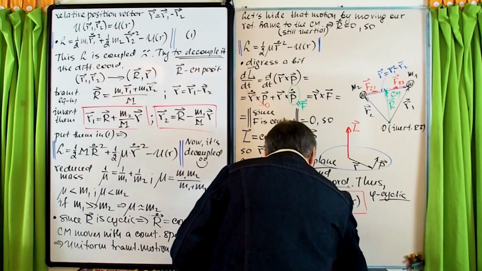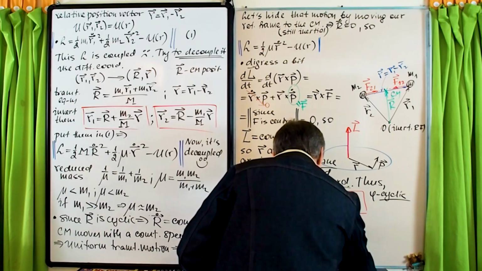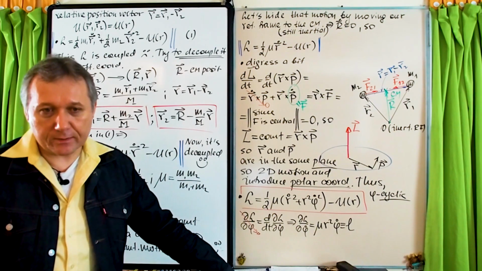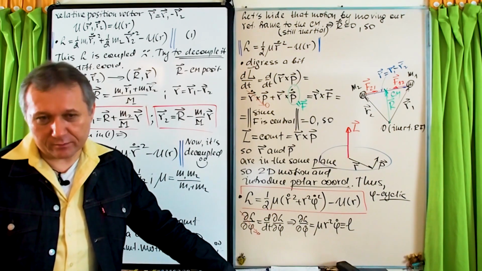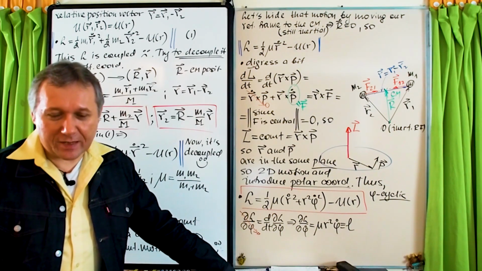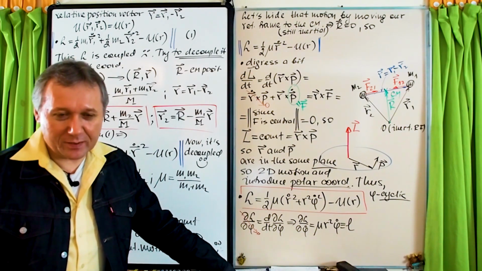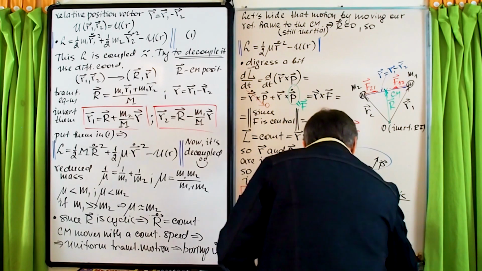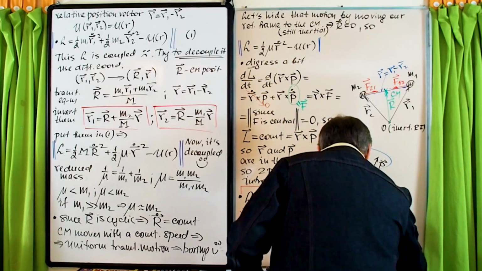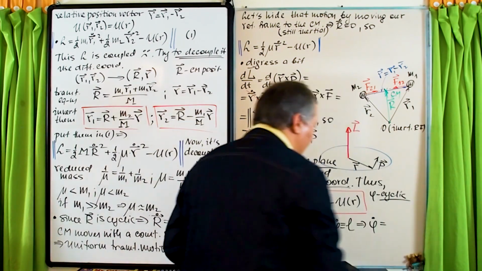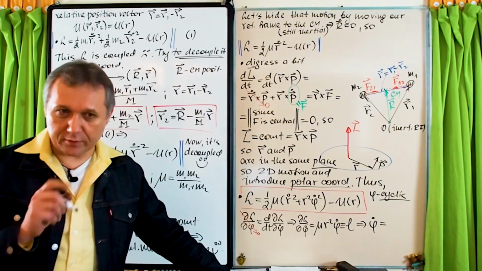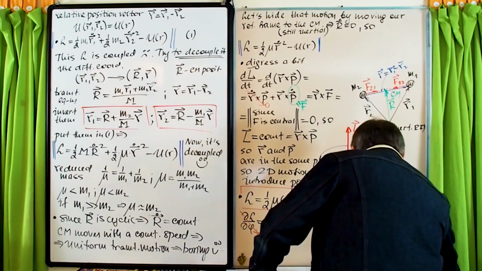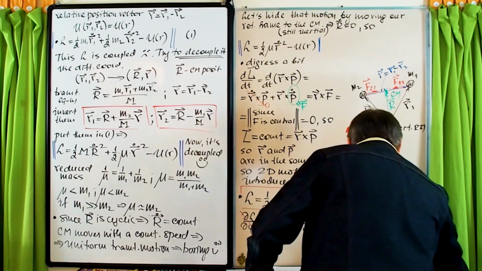Let's label the constant as L. It makes sense, the absolute value of the angular momentum, of course the z component. And so from here, we can write phi dot equals L over mu r squared.